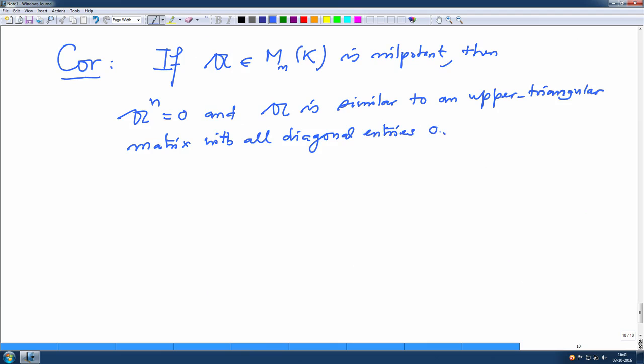This is immediate from the above because a matrix A, you can think of as a linear operator F_A, and if this is nilpotent, the linear operator is nilpotent, and then we found a basis whose matrix of this linear map is an upper triangular matrix with diagonal entries 0. But this was a matrix with respect to the standard basis.